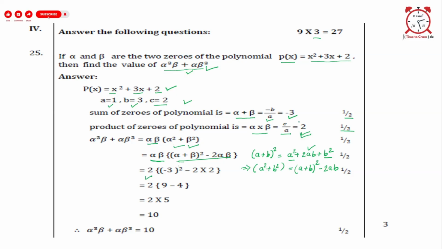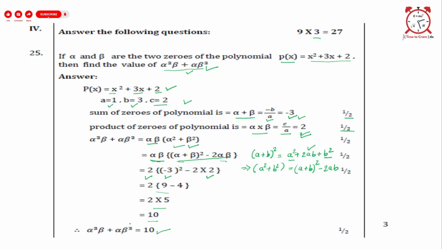Alpha plus beta is minus 3, this we kept here. And then again alpha into beta, here we are keeping. So after simplification, we are getting the answer 10. So that is why our required answer is 10 for the value of alpha cube beta plus alpha beta cube.